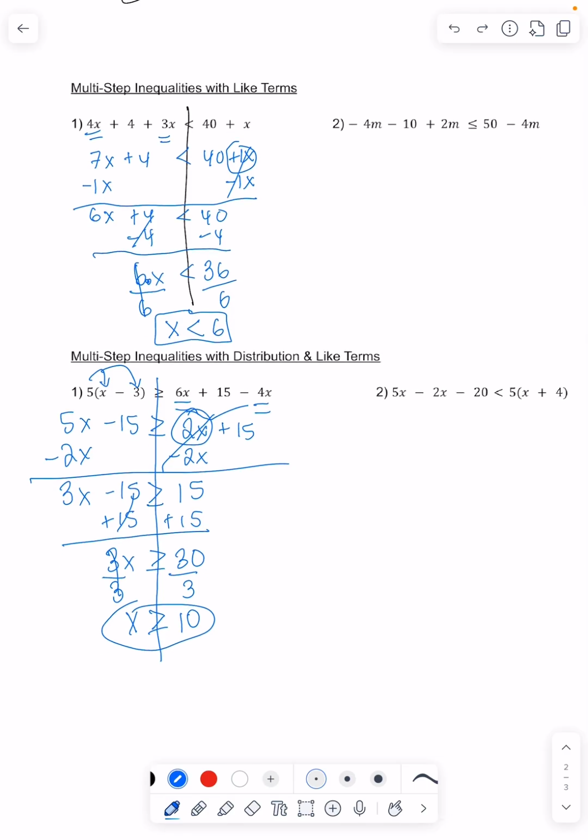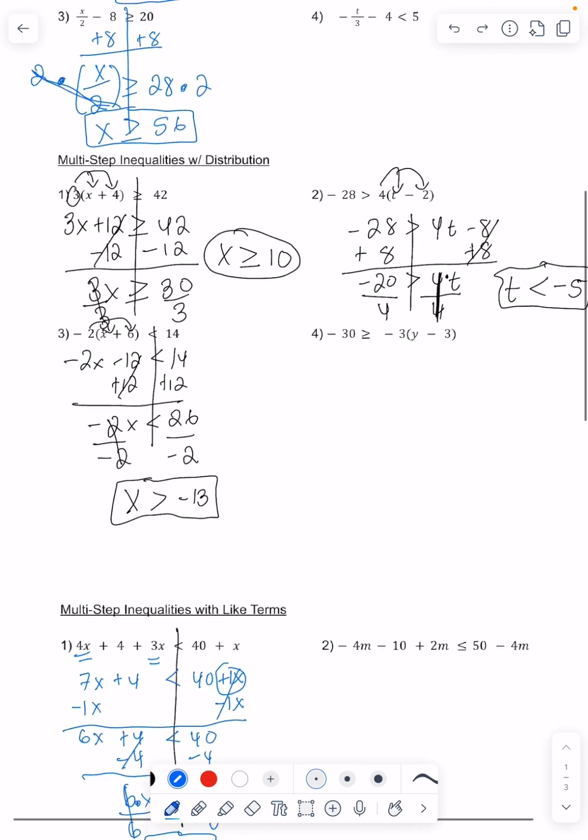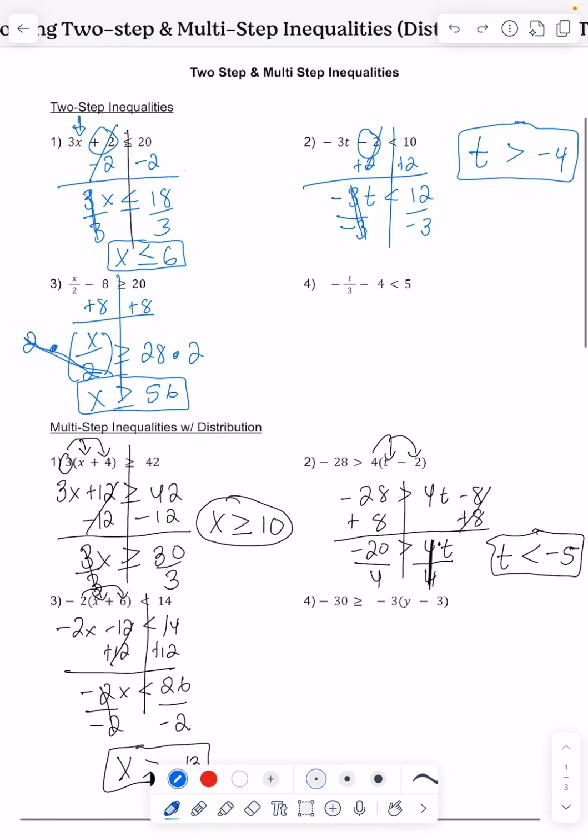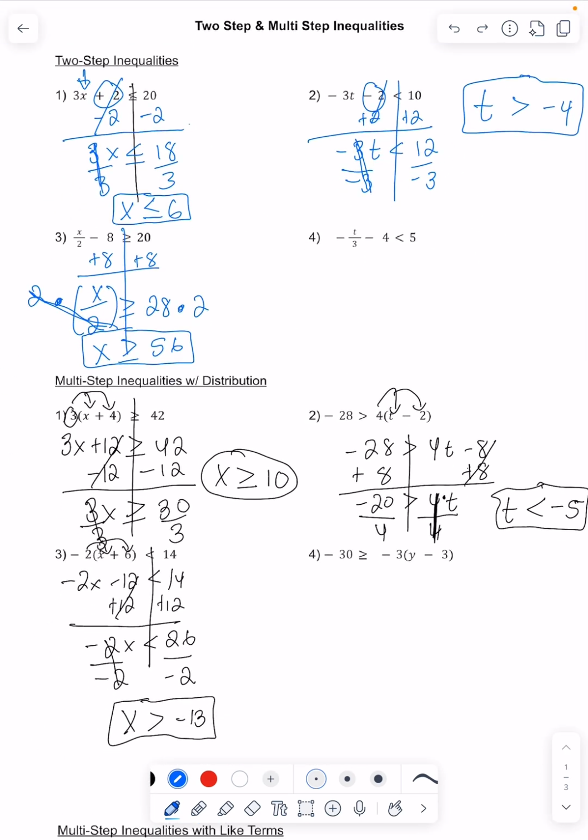As you guys can see, these are very similar to when we solve linear equations. The only thing is that we obviously are dealing with inequality symbols here, right? And then the other thing is that when we're dividing or multiplying by a negative, it's important that we realize that we're switching the symbols around.